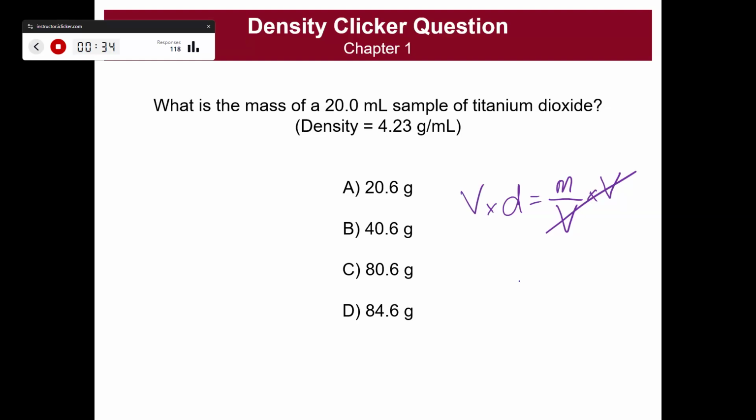Then you have volume times density equals mass. That's all we need to solve for mass. So density times volume. Talk to your neighbors if you want to check your answer. I was talking through your work time, so I'll give you another 30 seconds.